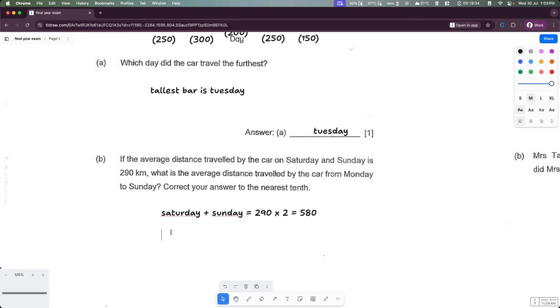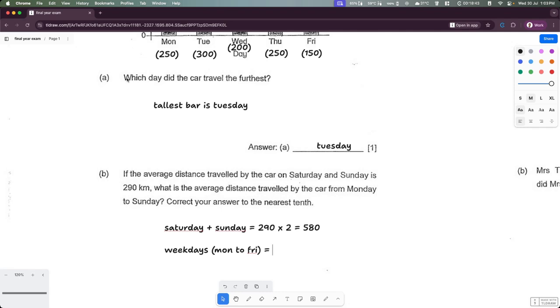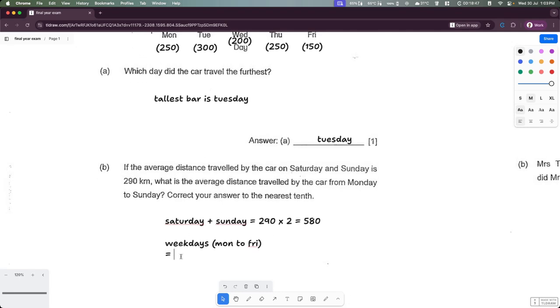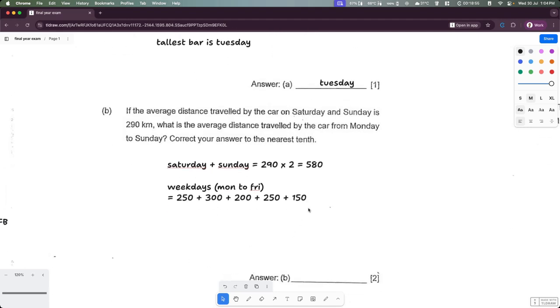So that's Saturday and Sunday. What about the weekdays? Monday to Friday is 250 plus 300 plus 200 plus 250 plus 150.